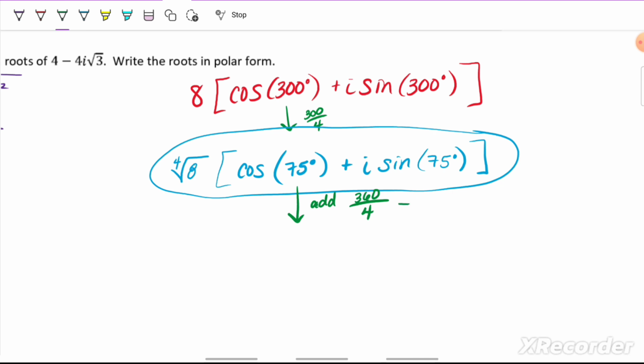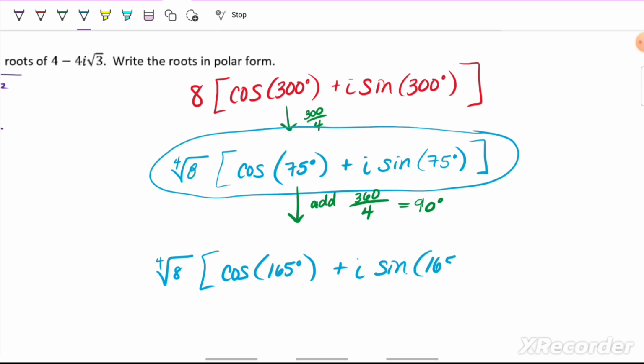So we're going to be adding 90 degrees to each one to get our subsequent answers. So our second one will be the 4th root of 8 times cosine of 165 degrees plus i sine of 165 degrees.